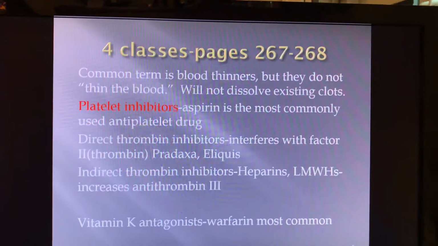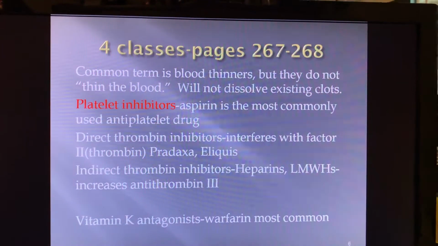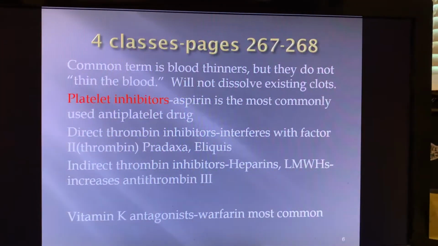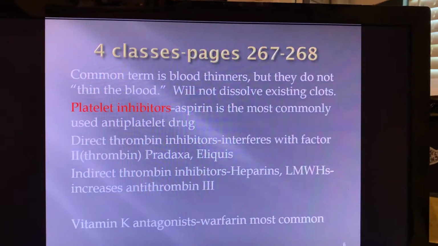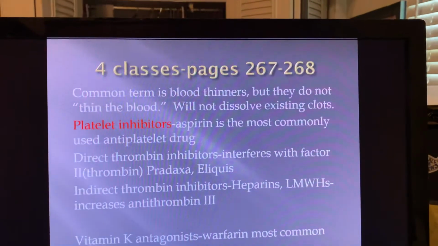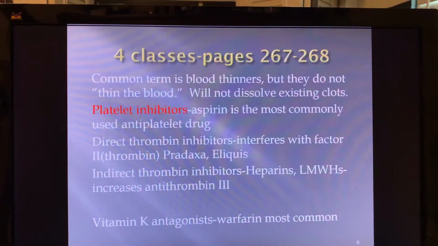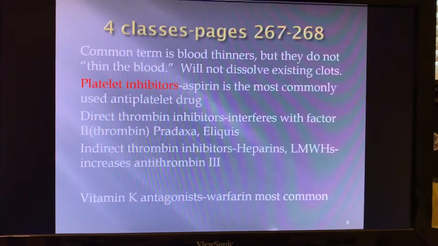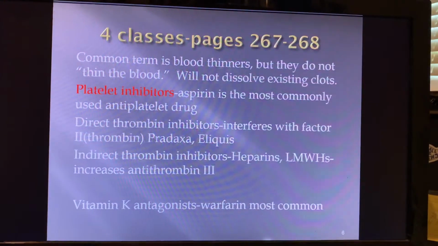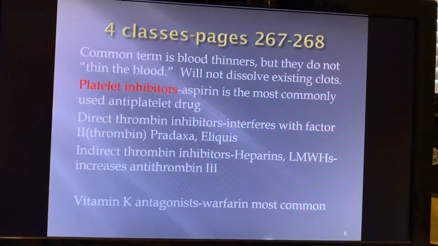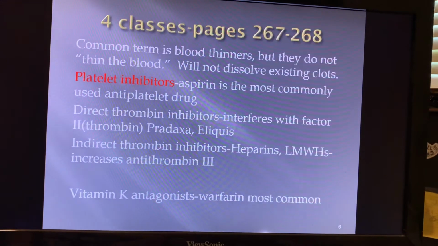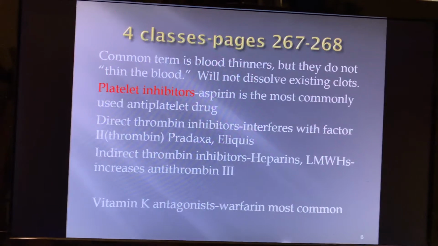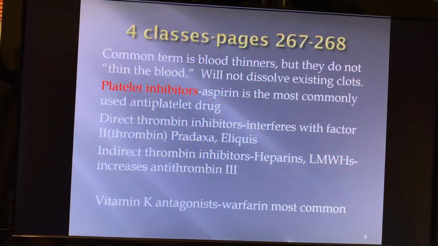Some drugs inhibit the action of platelets, and platelets are blood cells that clump together and stick together to form a clot inside the blood vessels, and that's part of this clotting cascade, although not exactly the same thing. We will talk about a newer category of drug called the direct thrombin inhibitors that interfere with factor II or thrombin.